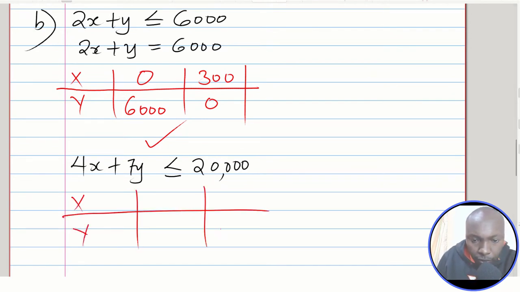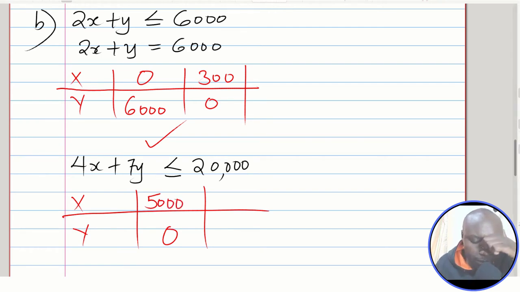Any 2 points will give us the straight line. So let me choose when y is 0. When y is 0, this will be 5,000. X will be 5,000.